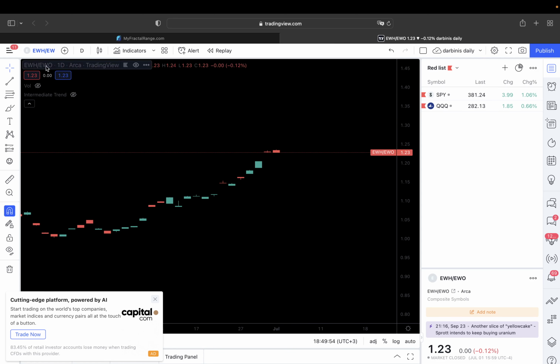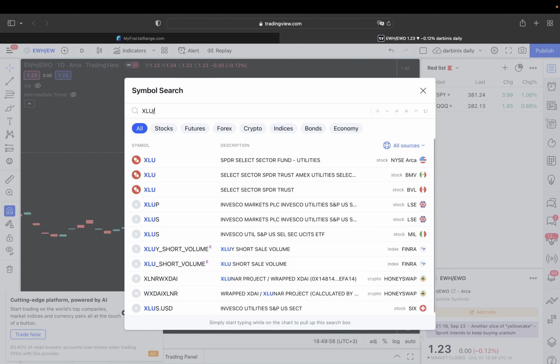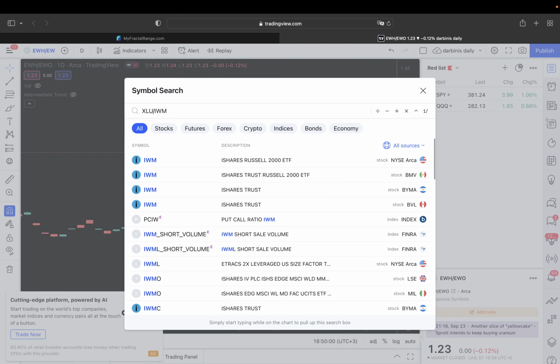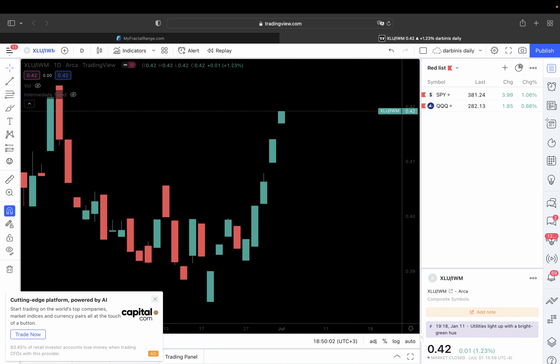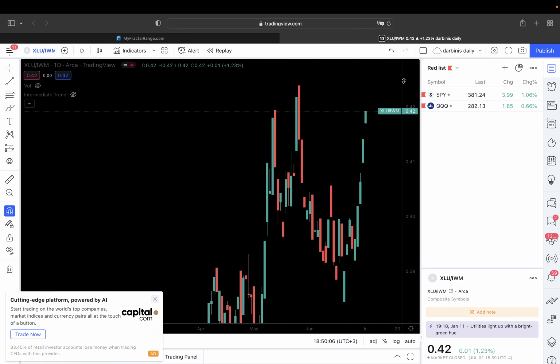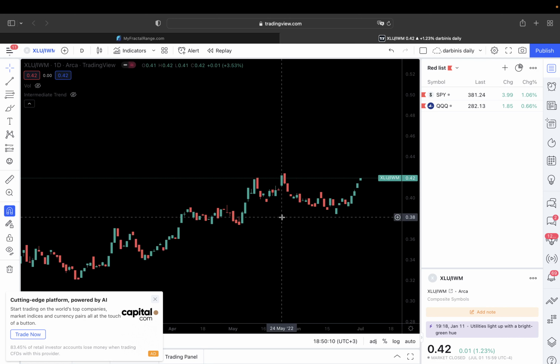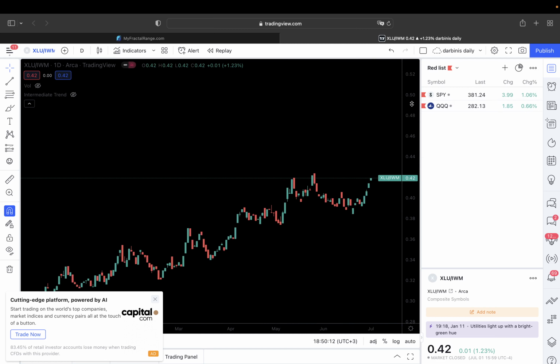And now if we go and see the spread, it's XLU IWM. It's a daily chart. You can see that the trend is quite clear here for now.